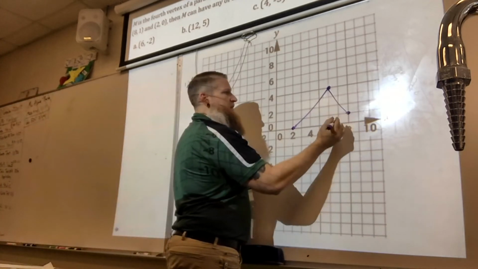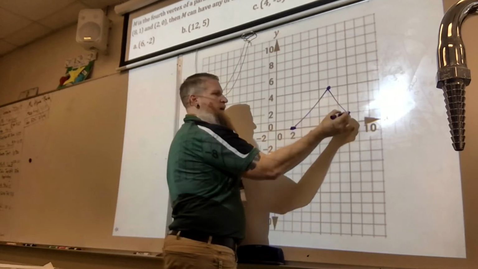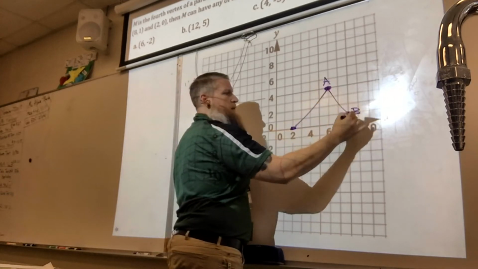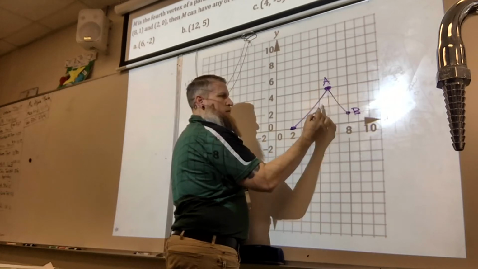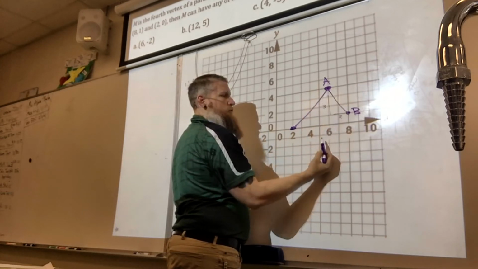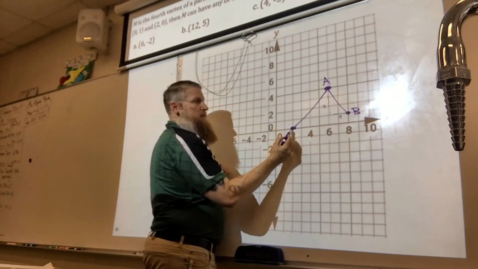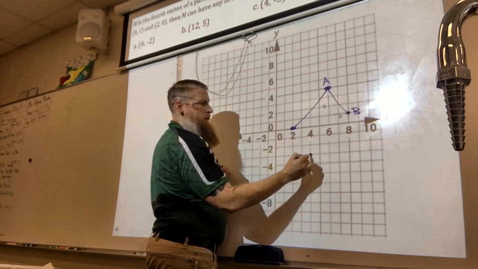If I did another point, it's got to be parallel to this line here. We'll say this is point A and B. To go from A to B, you have to go down 3 and then over 2 to the right. So if I start here and make another point that has the same slope, I would go down 3, over 2. 4, -3.